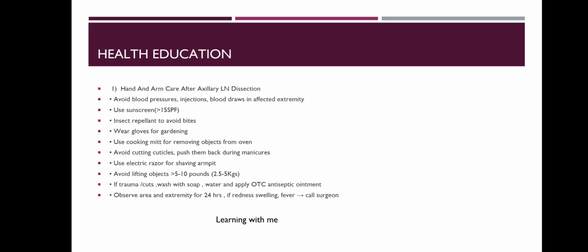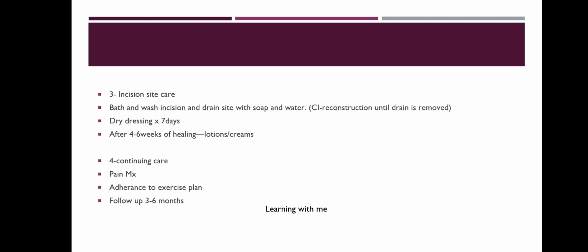Use an electric razor to shave the armpit, avoid lifting heavy objects. Then, if trauma occurs, wash the cut with soap and water and apply OTC antiseptic ointment. Observe the area and extremity for 24 hours. If redness, swelling, fever, or chills occur, report them.